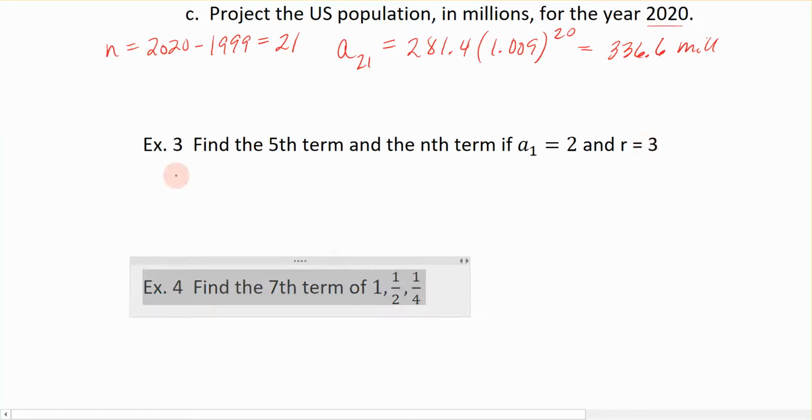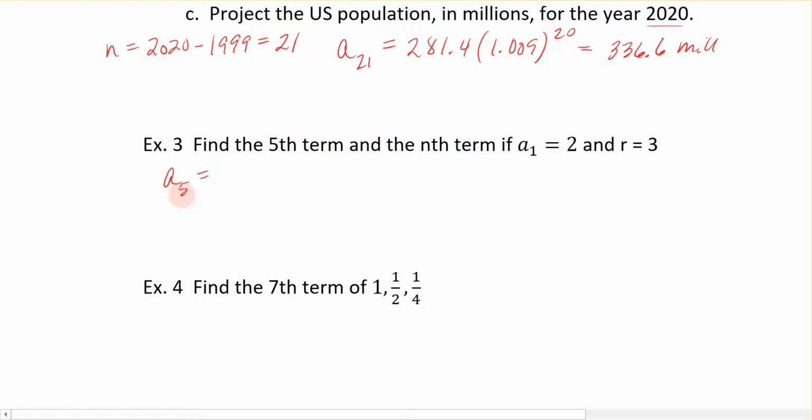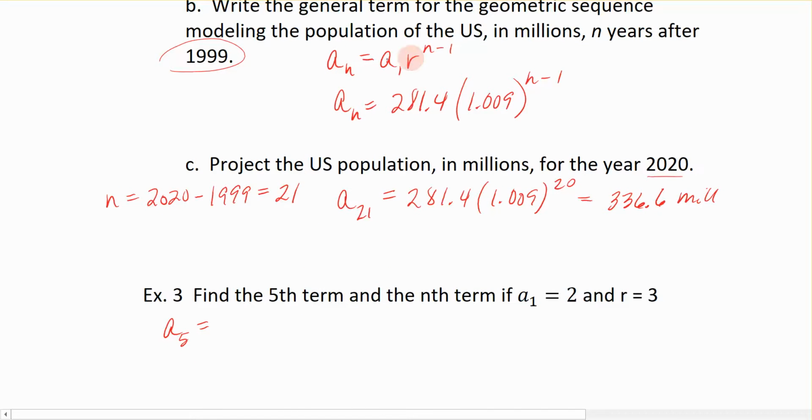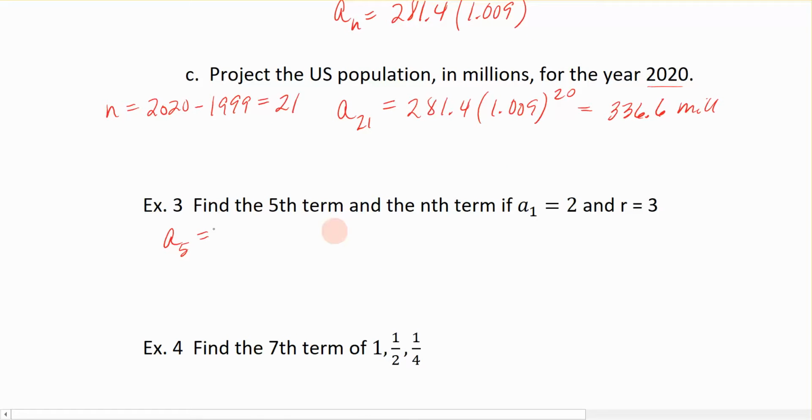If I want to know what the 5th term would be, that looks like a sub 5, and we're just plugging into my general form right here. So a sub 5 is equal to a sub 1, which is 2, times r, which is 3, raised to the 5 minus 1, which is 4. Calculate that out, and you have 162. That would be the value of the fifth term.